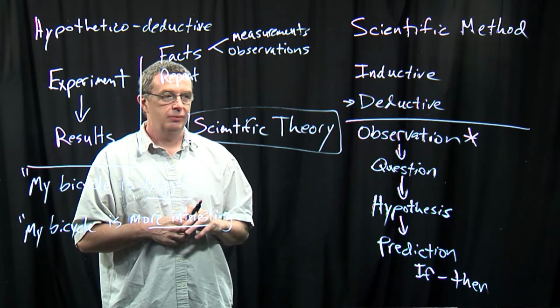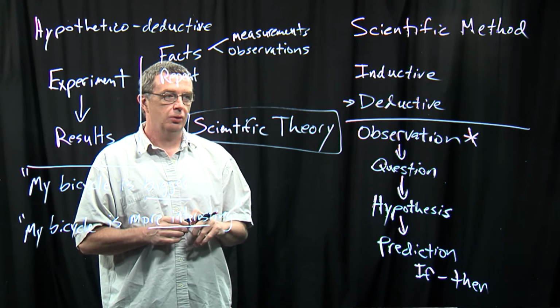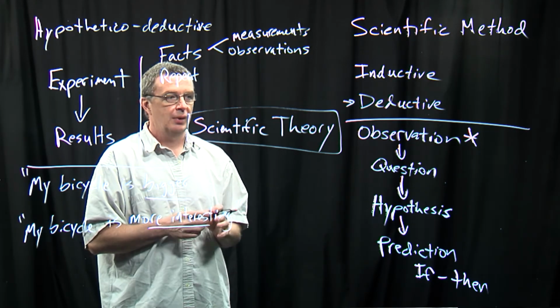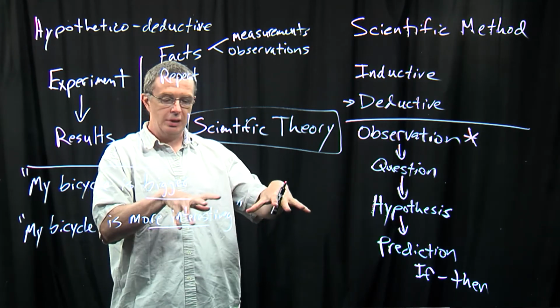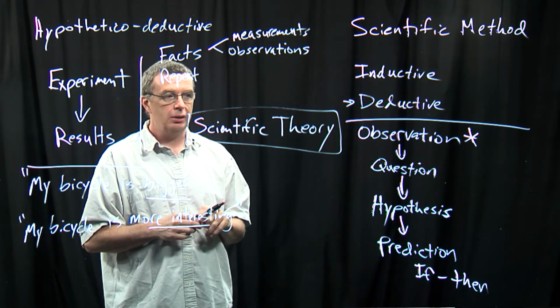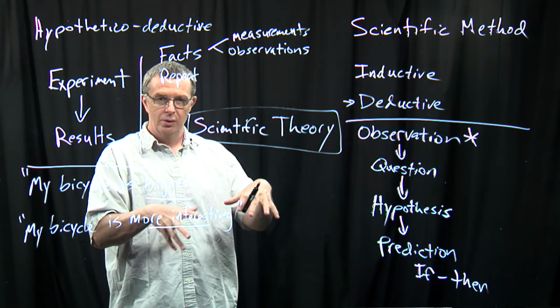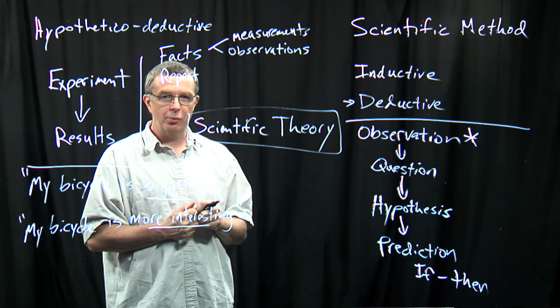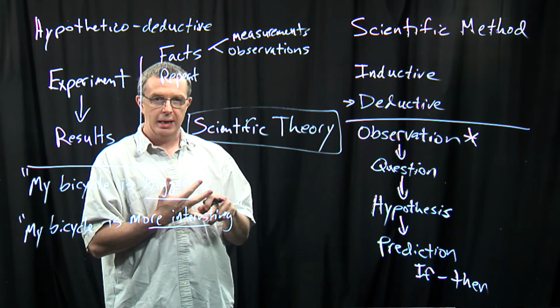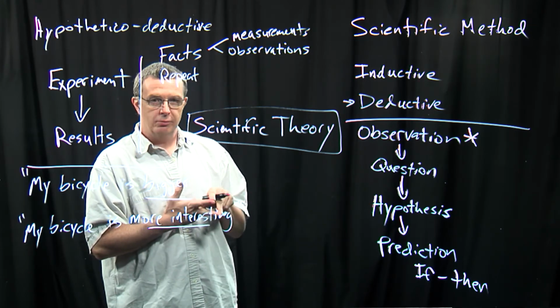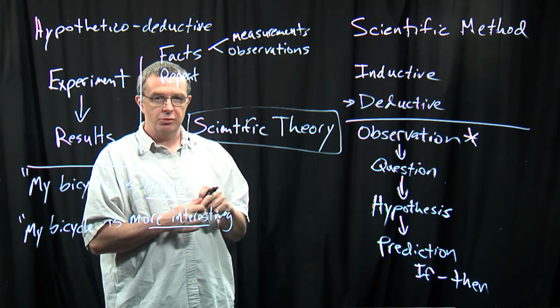lots and lots of different explanations. So for example, plate tectonics is a theory. The plates of the Earth move around and bump into each other, and it's supported by lots of different lines of evidence like earthquakes and volcanoes and mountain ranges and deep ocean trenches.